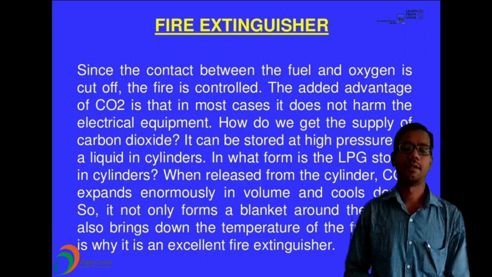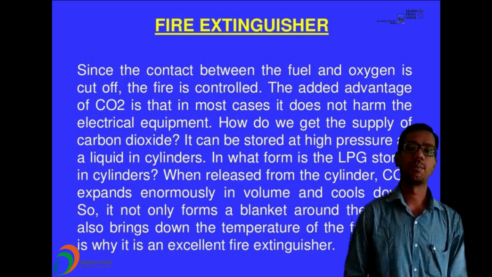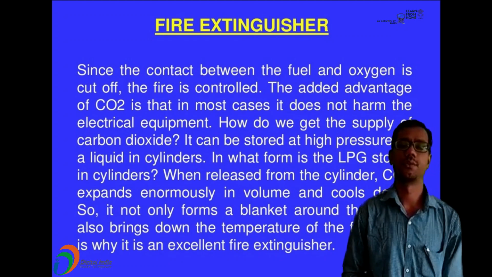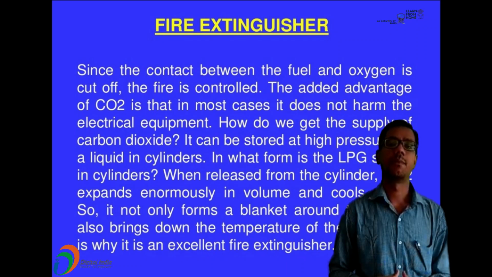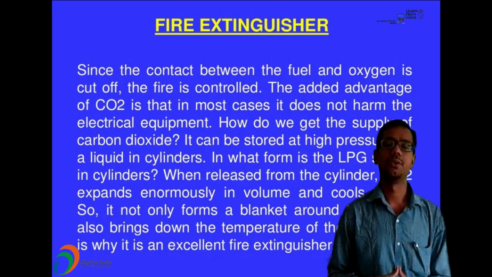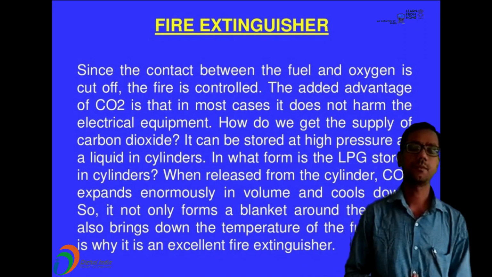So that's why it is an excellent type of fire extinguisher. Which type? Carbon dioxide type fire extinguisher. It is a good one, it is the best one.